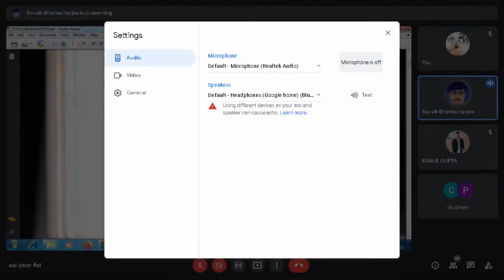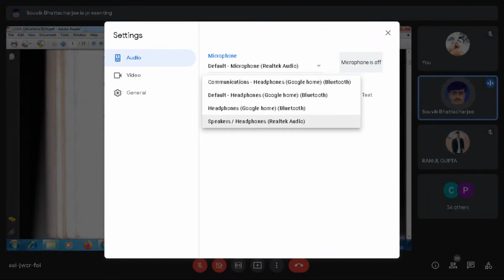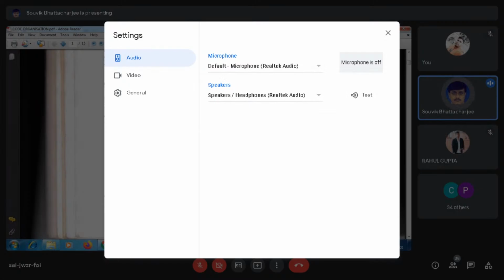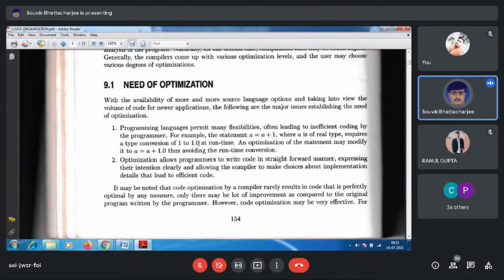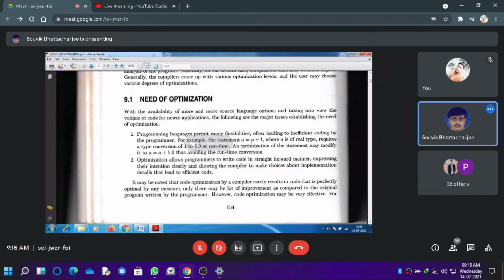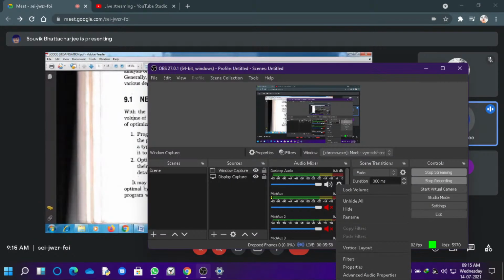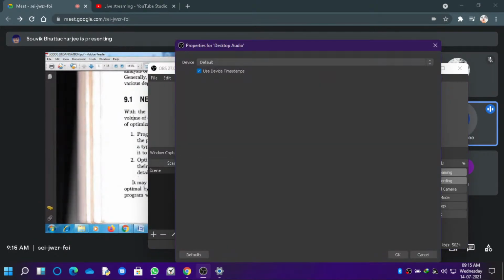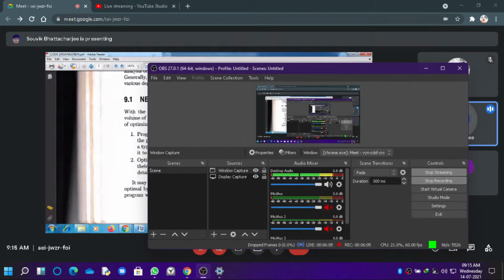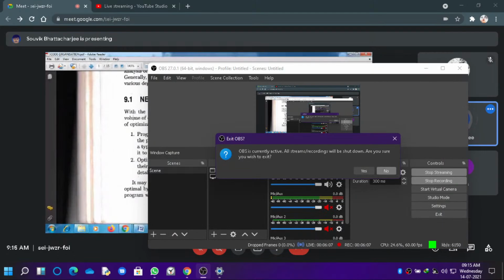For example, A assigns to A plus 1, where A is of real type. Optimization of the statement may modify it to the equivalent A assigns to A plus 1.0, thus avoiding the runtime conversion.